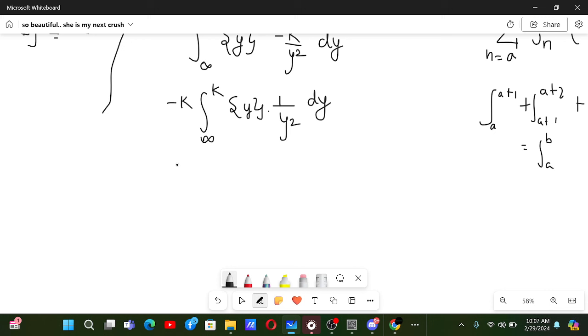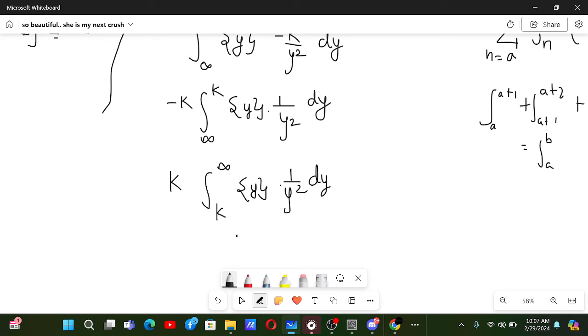So over here in this problem, we can use the negative sign to reflect the integral first. So we have the integral going from k to infinity of the fractional part of y, and then 1 by y squared dy.